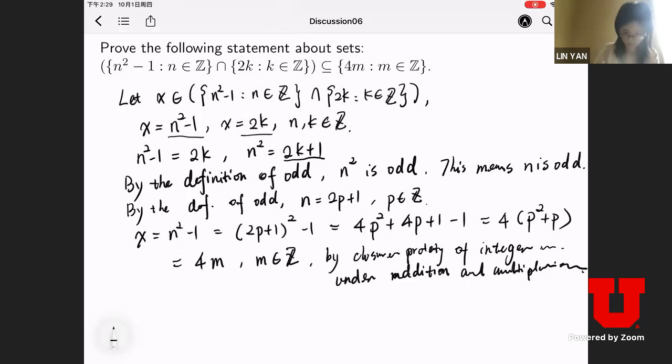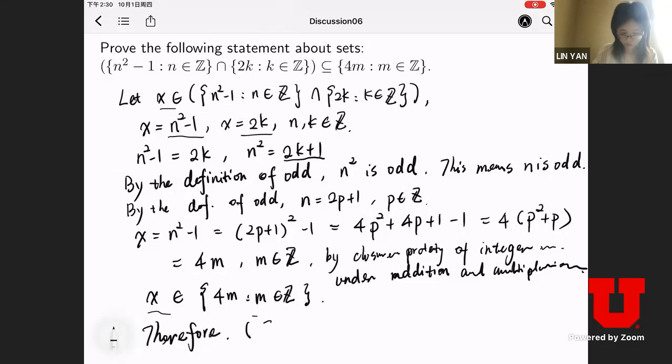So X belongs to the set. Because we choose an element from the left-hand side and show this element also belongs to the right-hand side, we can make a conclusion.